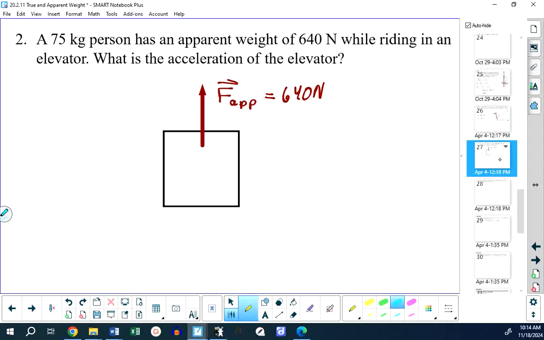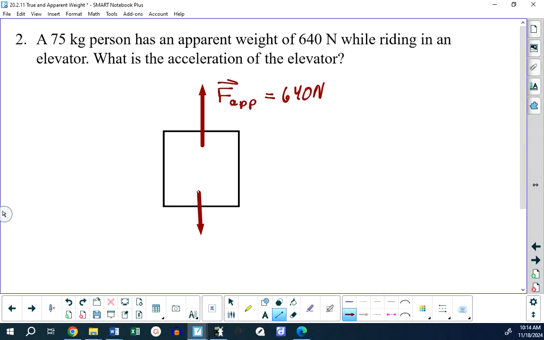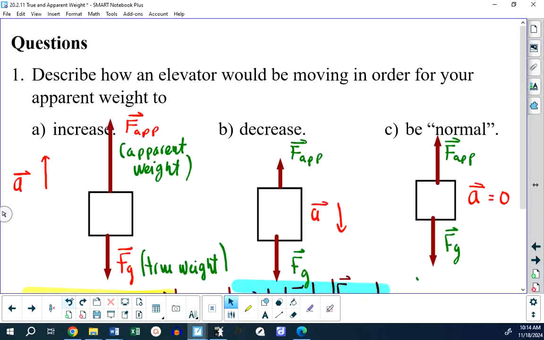So how are we going to calculate the opposing force? How are we going to know whether this is representative of the opposing force or this is? Well, we need to calculate that opposing force, which is the true Earth weight. We need to calculate mg, the force of gravity. Get rid of that because we don't know it yet.